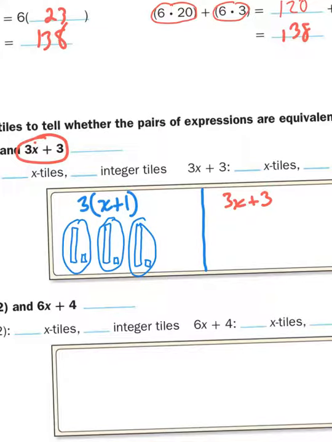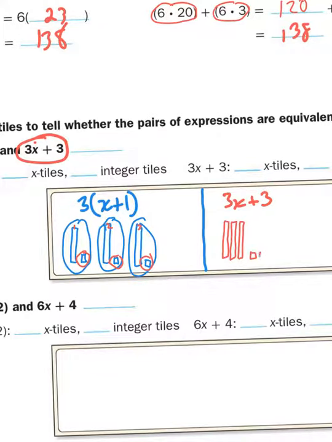Now to see if it's equivalent to this expression here, we have to group all of our x's together and all of our 1's together. So over here, let's take our 3 x's. Here's 1, 2, 3, and draw them all next to each other. 1, 2, 3. Now we're going to take our 1's and group them next to each other. So there's 3 of them.